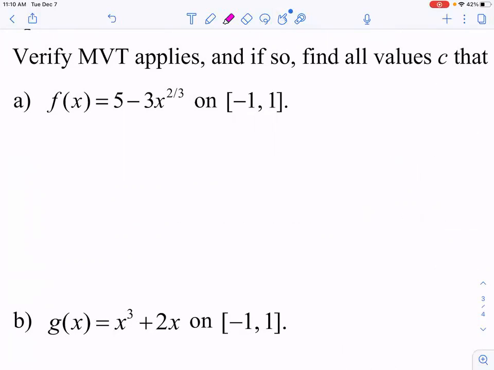So are we continuous on the closed interval -1 to 1? I don't see any place where we would have a vertical asymptote. Do you? No. Okay, we're going to make it.